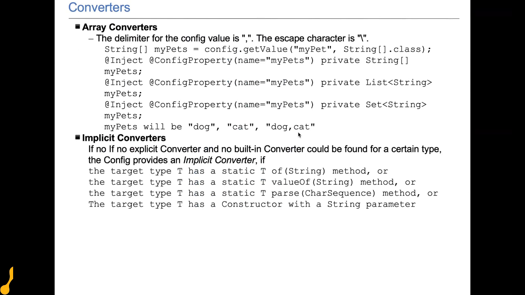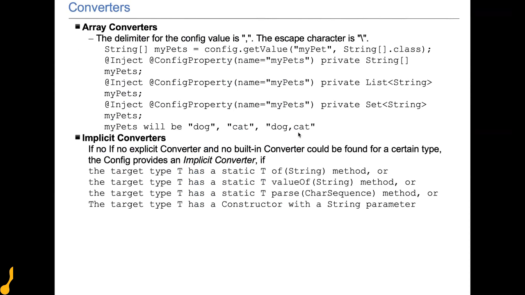Why is it called implicit converter? Basically, if the type you are trying to convert to contains the following four methods: the first one is of string, the second one is valueOf, the third one is parse with a char sequence, and the fourth one is a constructor with a string.